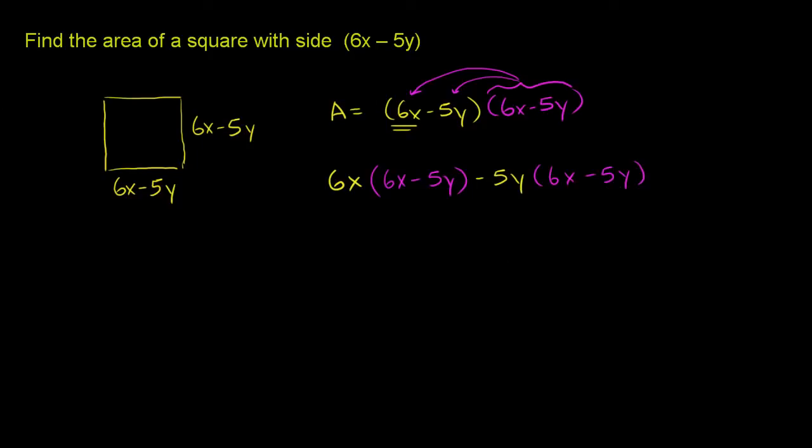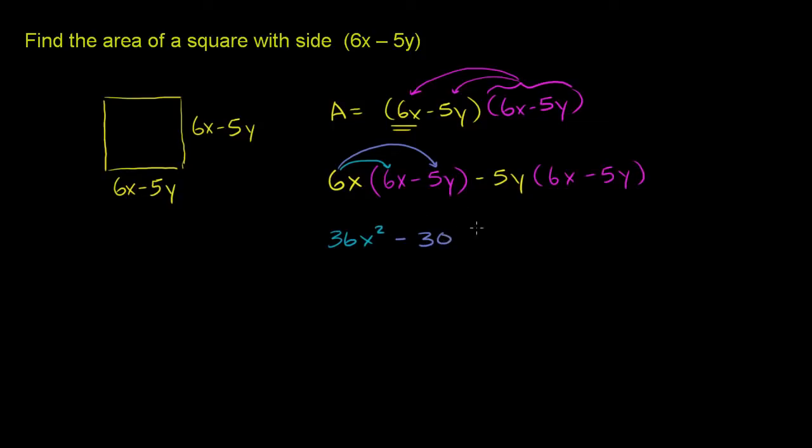And what does this give us? So we have 6x times 6x. So when I distribute just this, I'm now doing the distributive property for the second time. 6x times 6x is 36x squared. And then when I take 6x times negative 5y, I get 6 times negative 5 is negative 30.